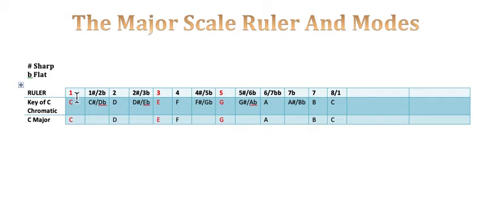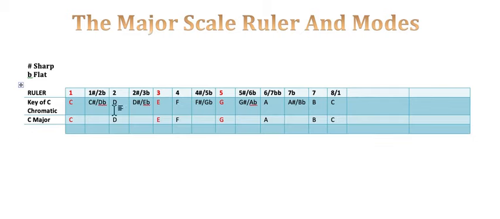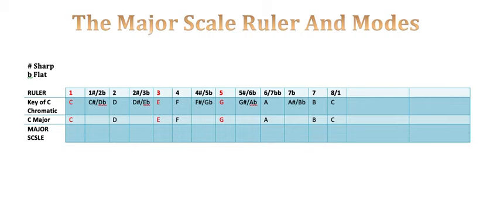Now if you look at it in terms of degrees, we have the major scale there, maybe that's a 1, the first degree, the second degree, the third degree, the fourth degree, the fifth degree, the sixth degree, the seventh degree, the 8 or a 1.